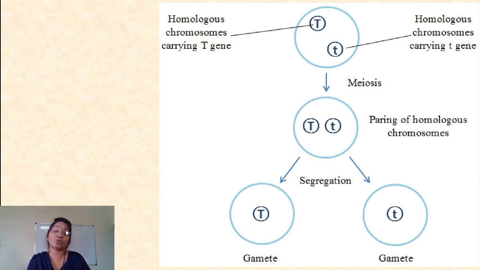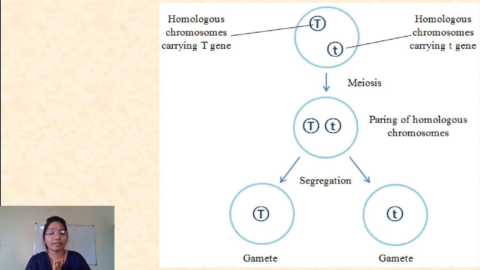But when they undergo gamete formation, they segregate from each other and enter into separate gametes. Capital T enters into a separate gamete and small t enters into a separate gamete. That is, capital T and small t get separated from each other at the time of gamete formation.